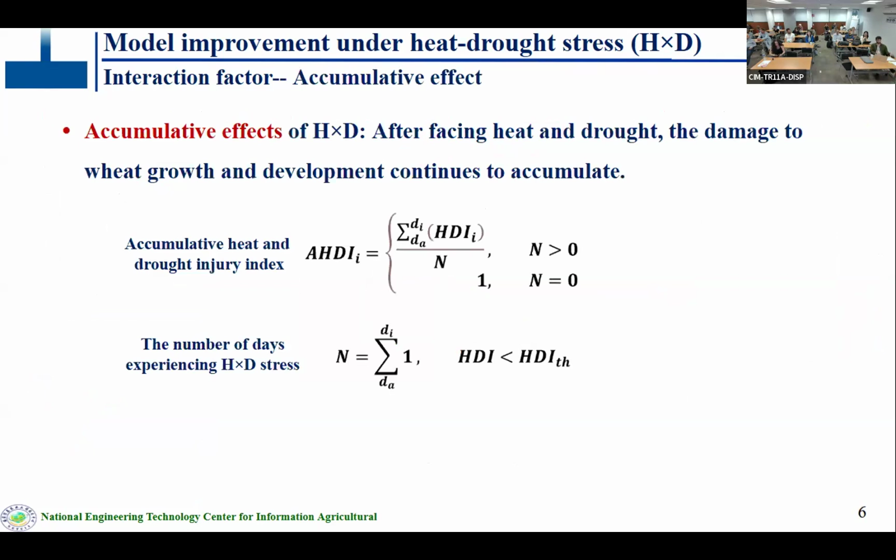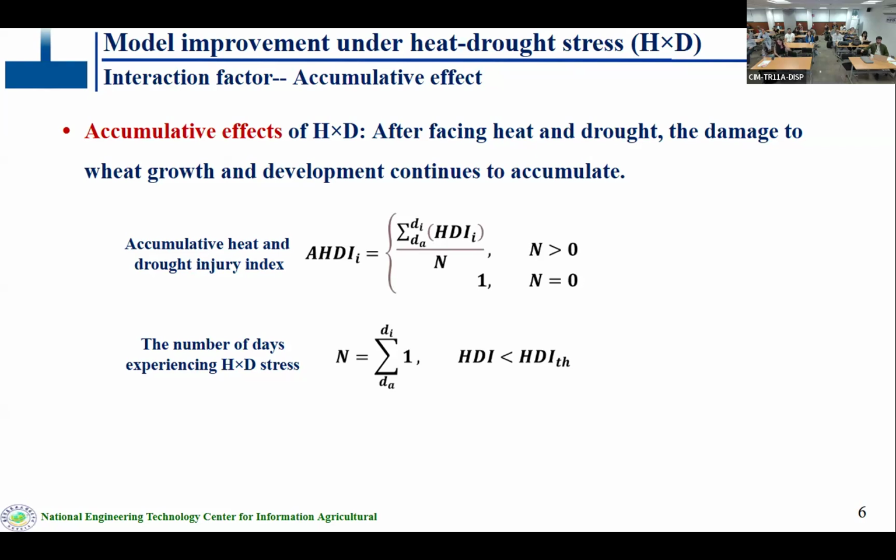But the above algorithm cannot quantify the carryover stress, because as we all know, the stress effect will not disappear as soon as the stress ends. So besides, we have to quantify the accumulative effect of heat and drought.